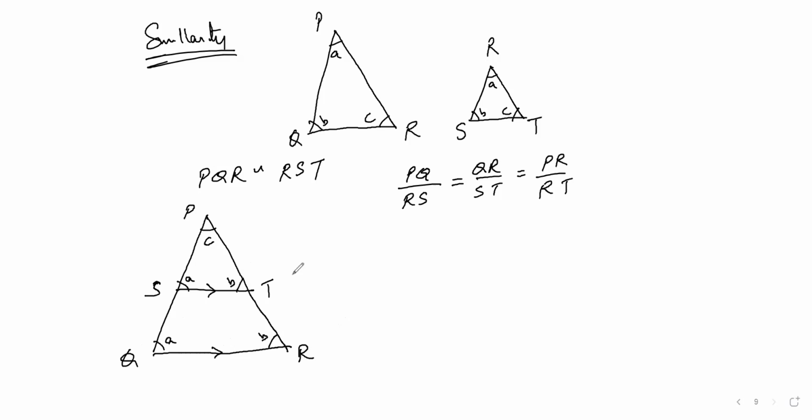If I were to say that, it simply means that PS is equal to SQ. Then if I were to ask you what is the ratio, PST triangle is similar to PQR triangle, I can say PS to PQ is in the ratio of 1 is to 2.